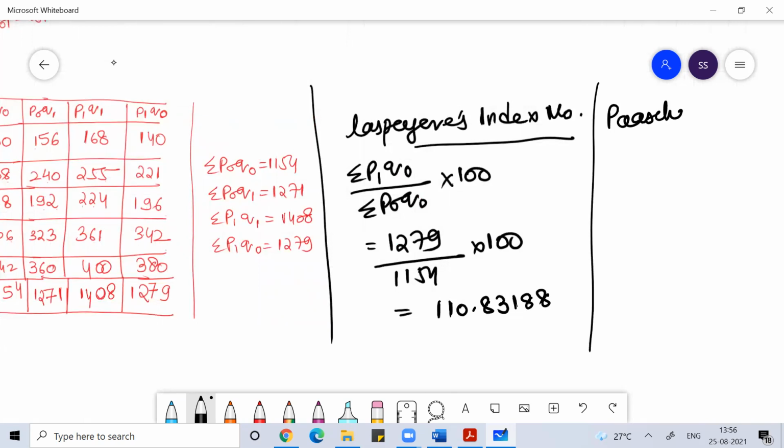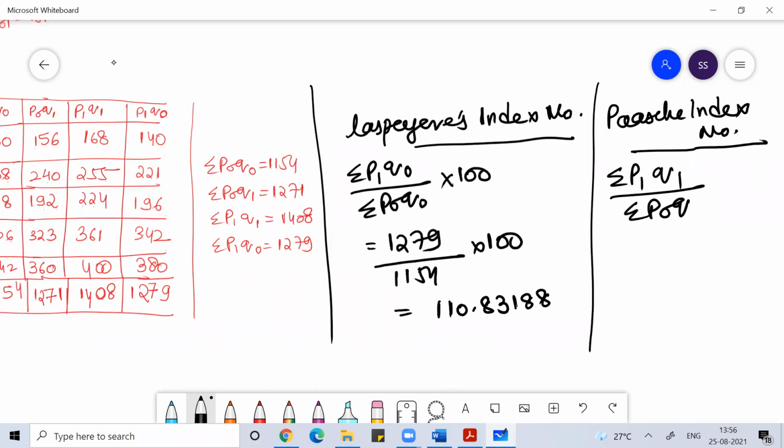I can find the Paasche index number. That formula is sum of P1 Q1 divided by sum of P naught Q1 into 100. Sum of P1 Q1 is 1408 divided by sum of P naught Q1, 1271, into 100.